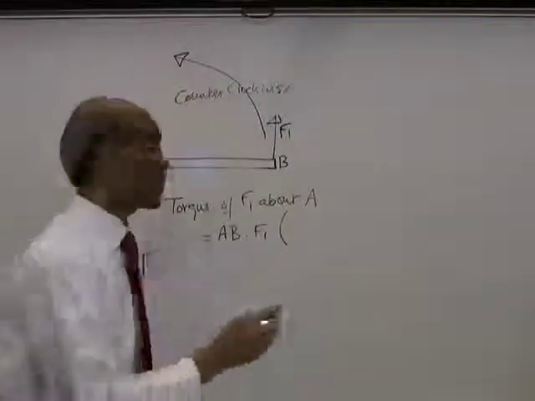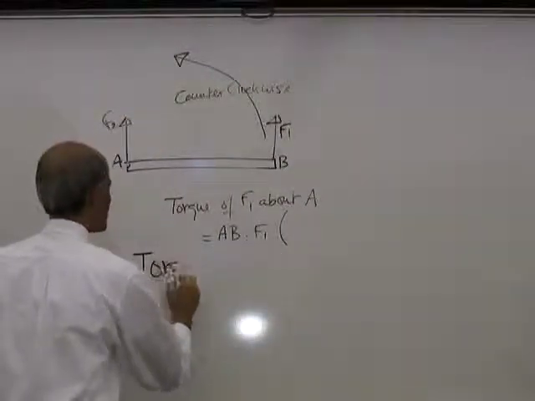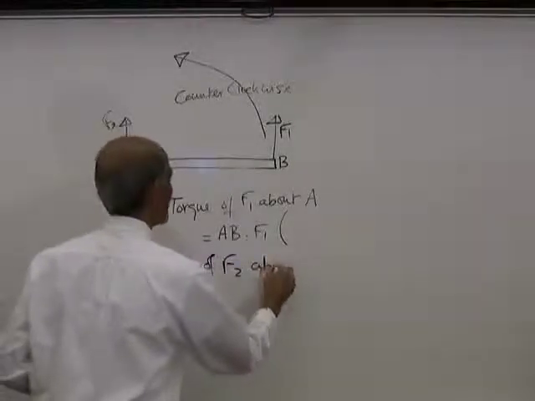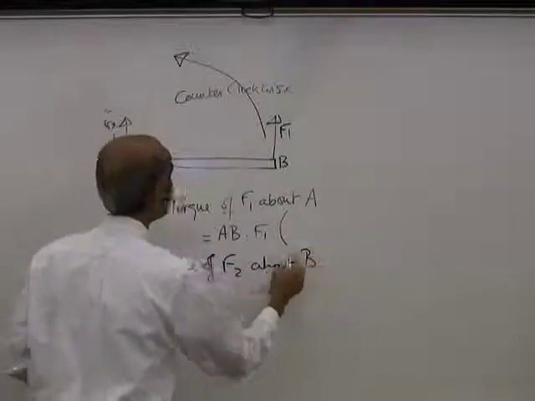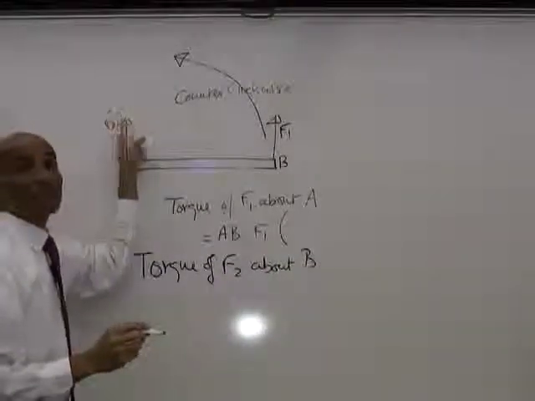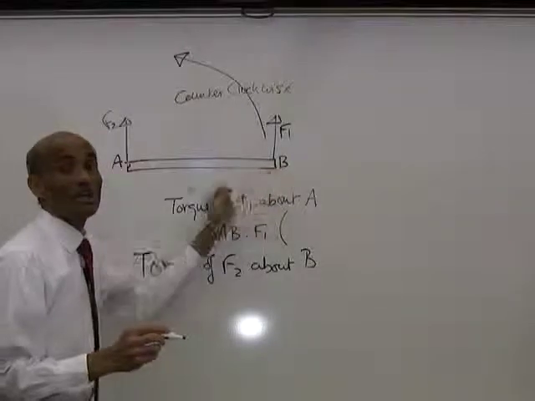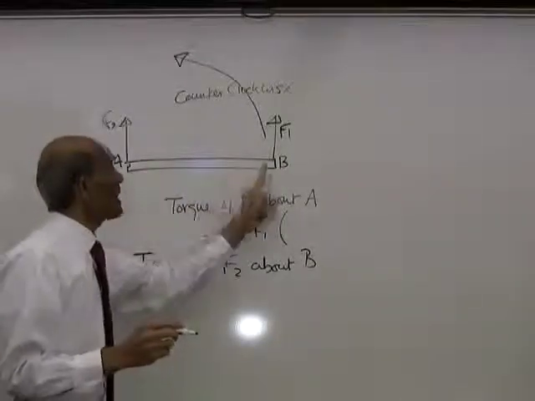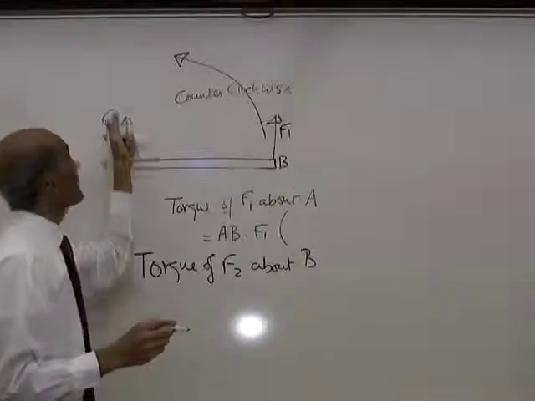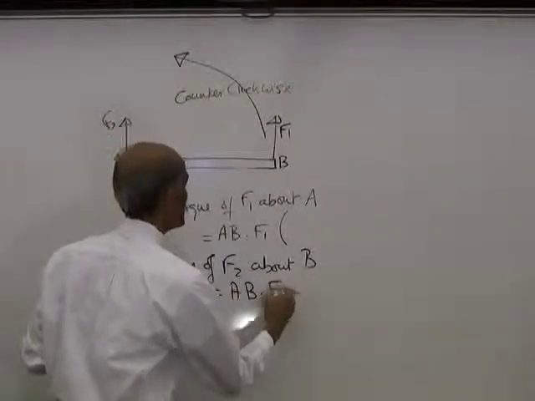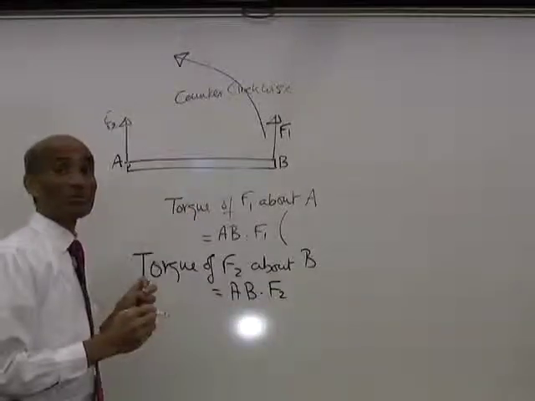What is the torque of F2? Torque of F2 about the point B. The torque of F2 about an axis that passes through B will be the torque arm AB multiplied by the force F2.